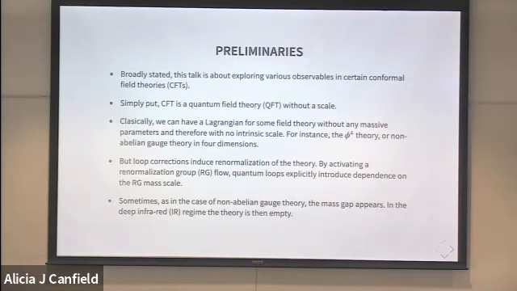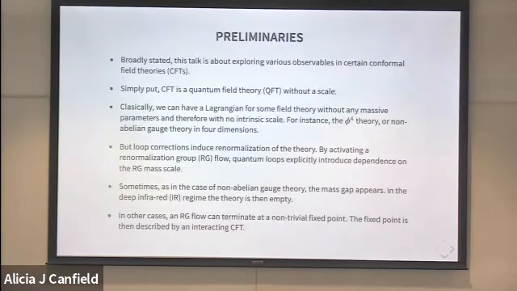Sometimes, as in the case of non-Abelian gauge theory, you get a mass gap, and you don't have any massless degrees of freedom, which means that in the deep infrared, your theory is just empty. In other cases, you can arrive at a fixed point of RG flow, and then the fixed point is described by an interacting conformal field theory.